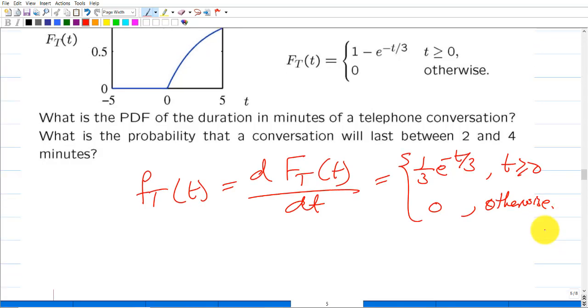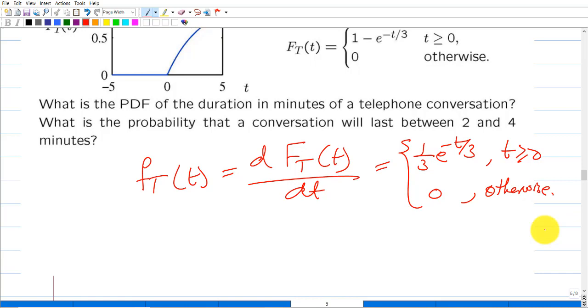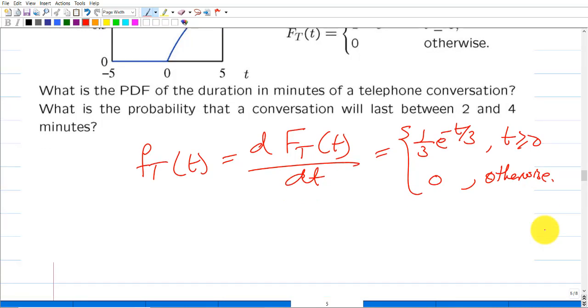Next, it asks: what is the probability that a conversation will last between 2 and 4 minutes?